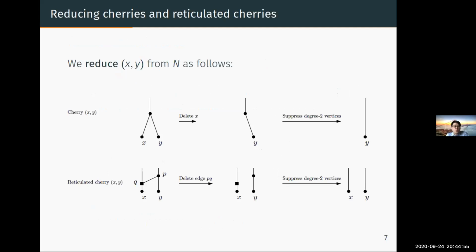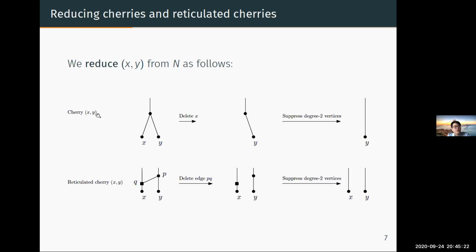And so what can we do with these cherries and reticulated cherries? Well, one graph operation we can define is a reduction of these pairs from a network. So let's say you have a cherry X, Y in your network. And again, this is just showing the part of the network that really focuses on these two leaves. And there could be something coming off of the top here, but we're not very interested in that.